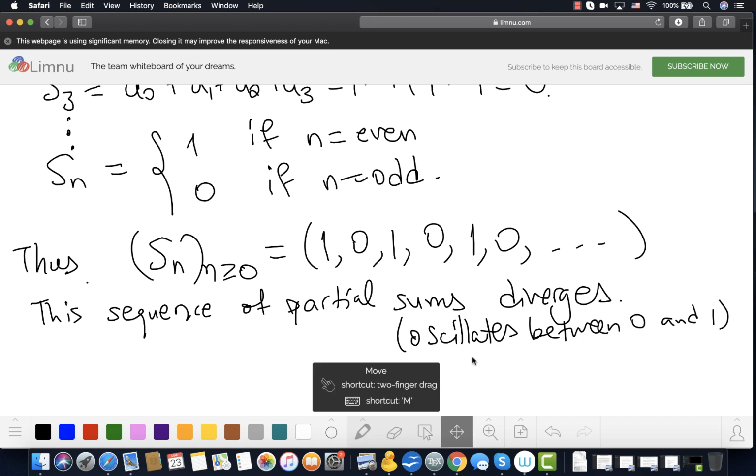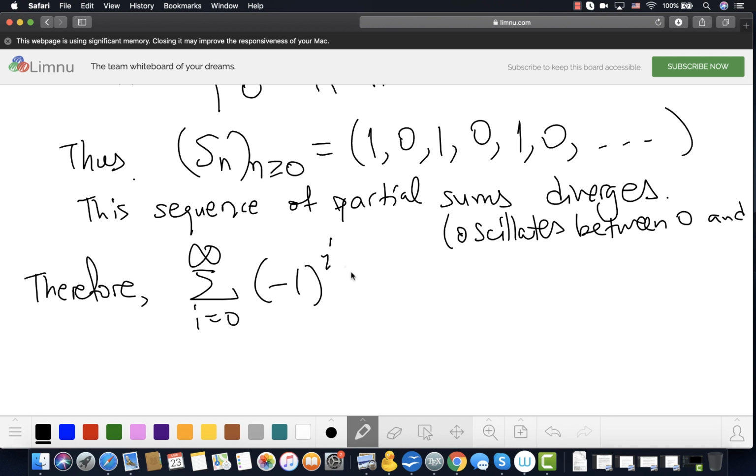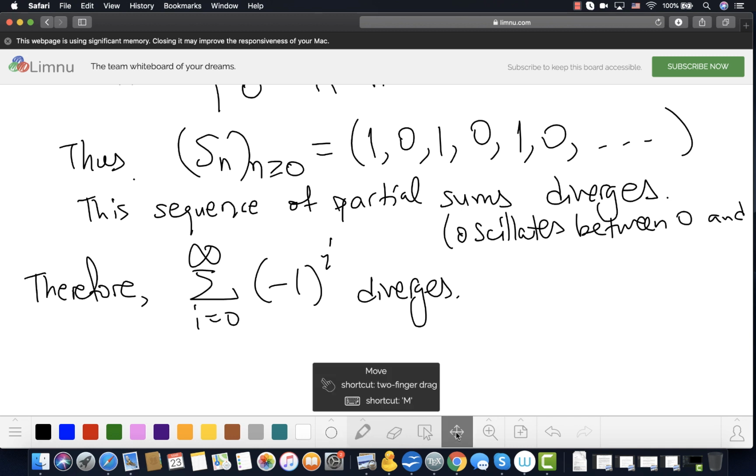And that's the reason why the original series, the sum from i equals 0 to infinity of -1 to the power of i, diverges.